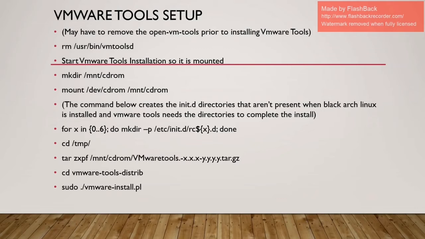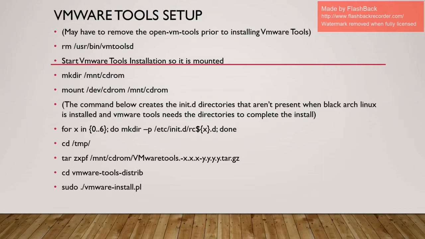The problem with rerunning the script is now you have half of a package that's available, but the other half is not. So you run the risk of almost confusing the system there. So just avoid it altogether by removing vmtoolsd.